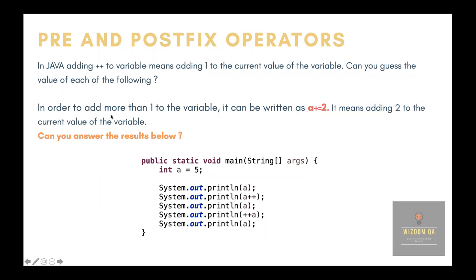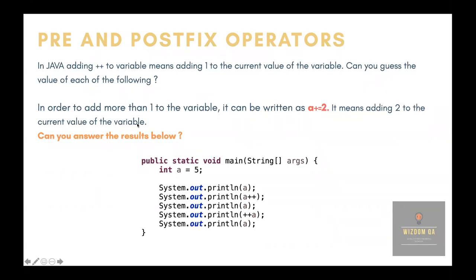It says, in order to add more than 1 to the variable, it can be written as a plus equals 2, which means if the value of a is 5, then plus equals 2 will give the value as 7. It means adding 2 to the current value of the variable.